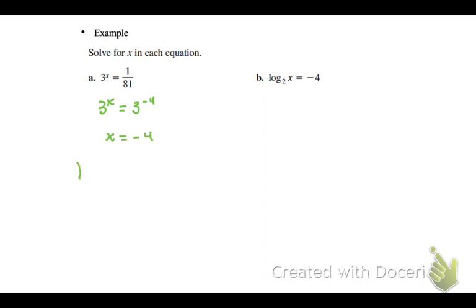Now, could we have gone log base 3 of 3 to the x equals log base 3 of 1 over 81? You could. And you still get x, and you still have log base 3 of 3 to the negative 4th, which is just what? Negative 4.